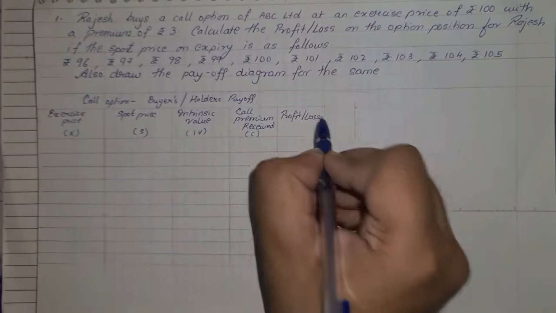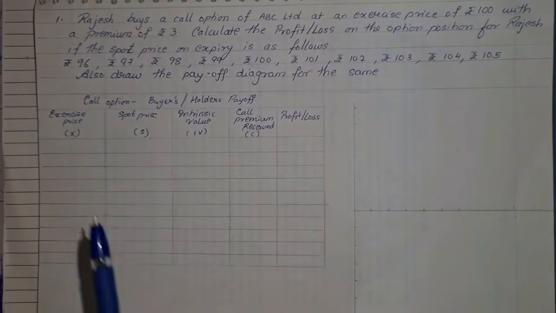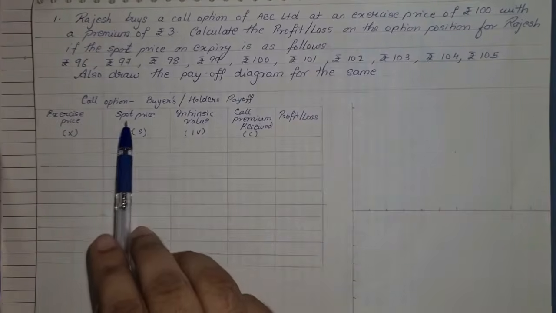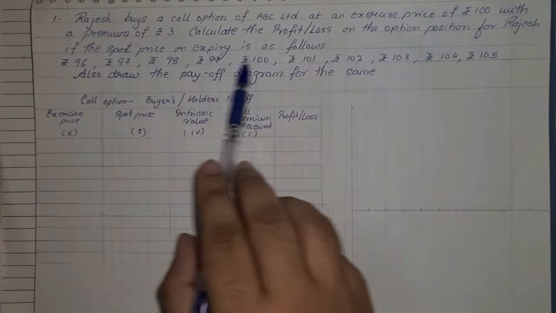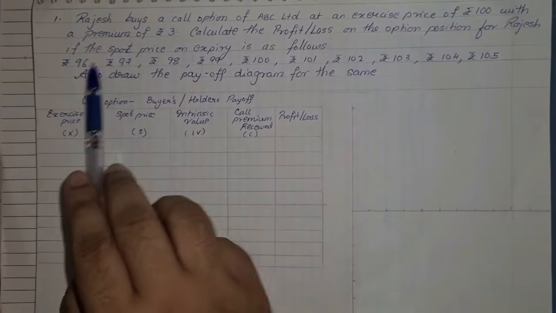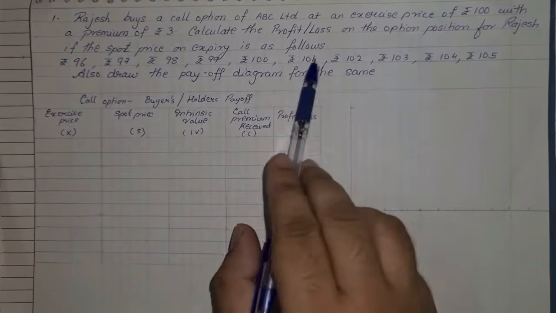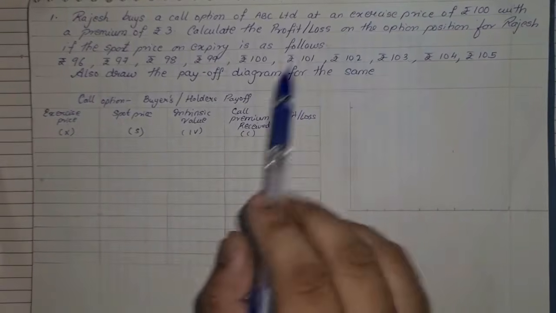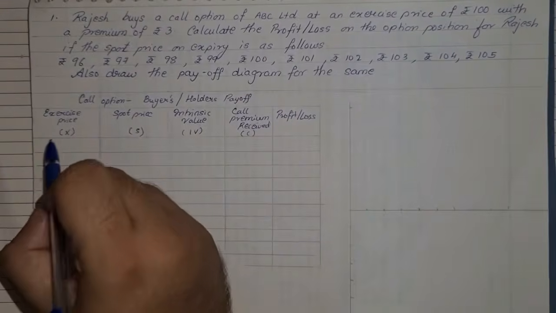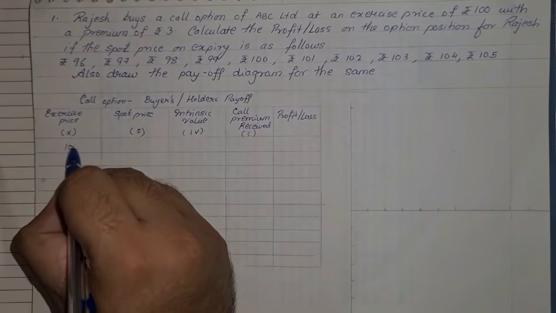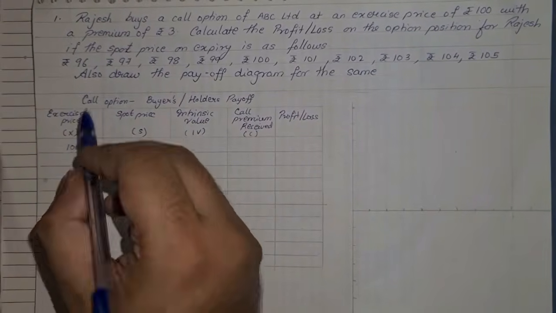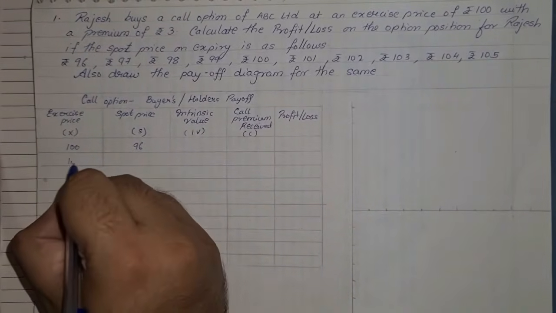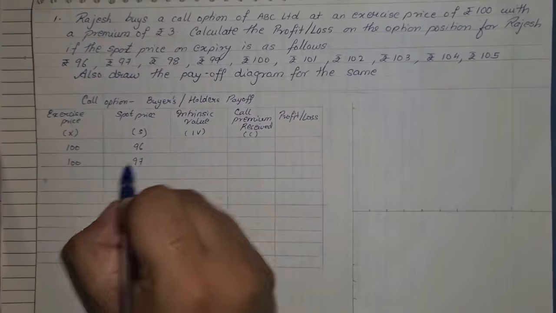Now, as per the question, the exercise price given is rupees 100 and the spot prices are given to us in a different range. So 96, 97, 98, 99, 100, 101, 102, 103, 104, 105. So basically we have been given 10 spot prices. So we'll first note down the exercise price. At exercise price 100, the very first spot price given is 96. For the second one it is 97 and so on.